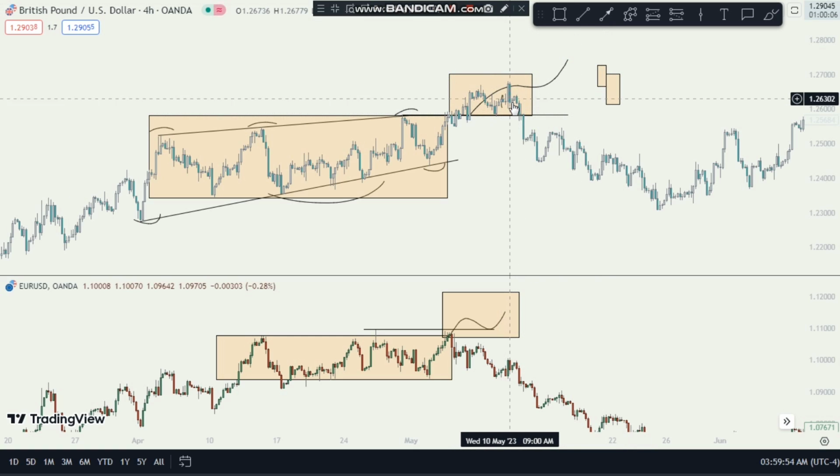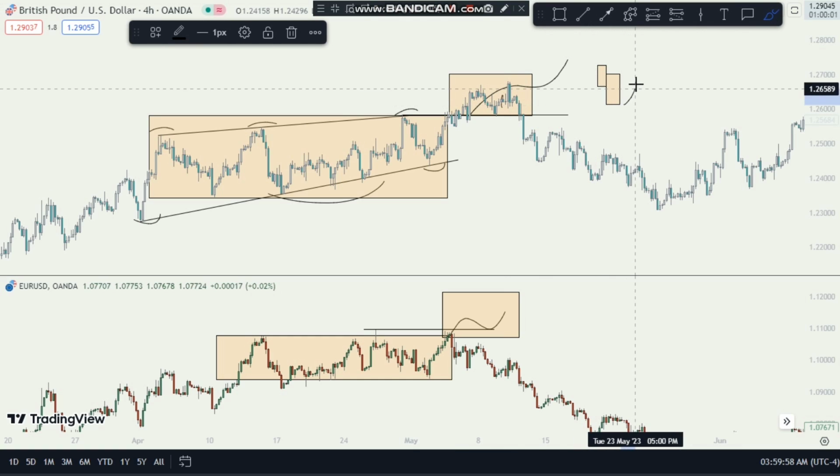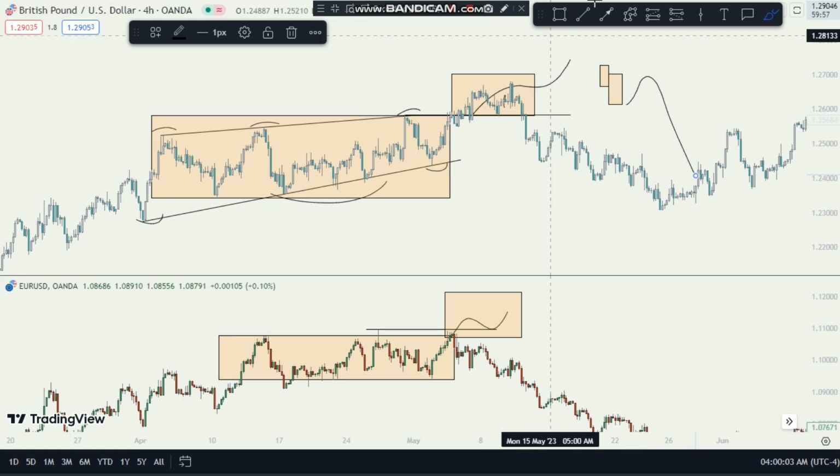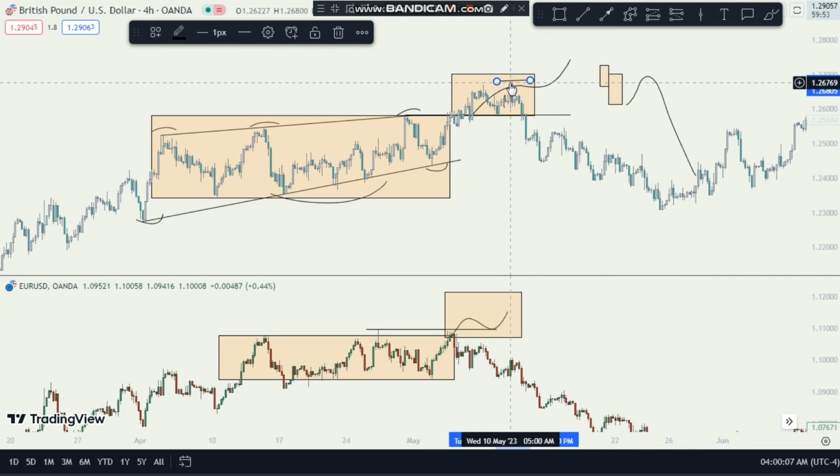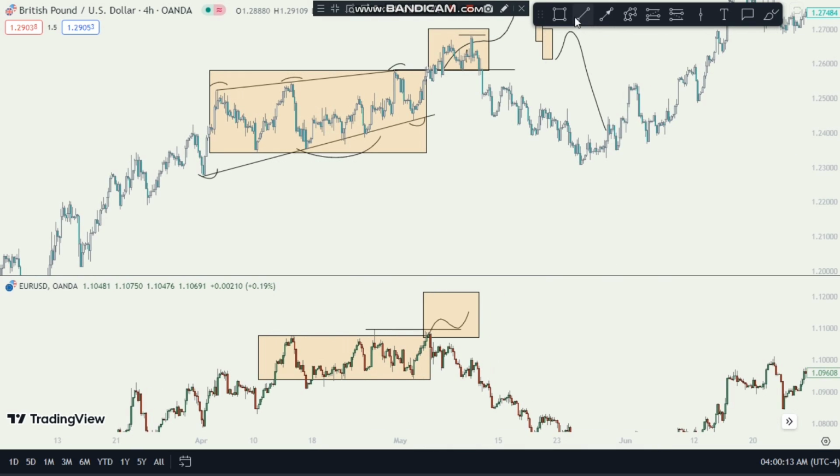When you get the order block, the price goes up again to this area, and that's where you short, and boom. Your stop loss would be around here, the top of this candle, and that's your target.